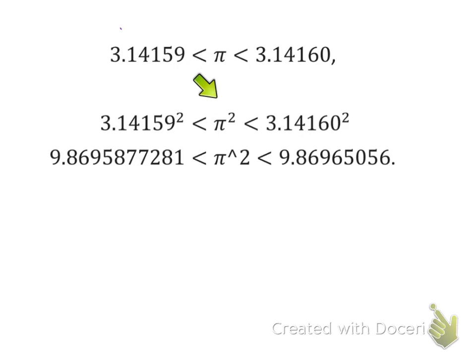Okay, so what I want you to see is what happens when we multiply these numbers that have decimals. So we multiply this number by itself, or square it, and this is the result that we're going to get on a calculator. And this would be the result of the upper bound. All right, so let's look at the digits here.